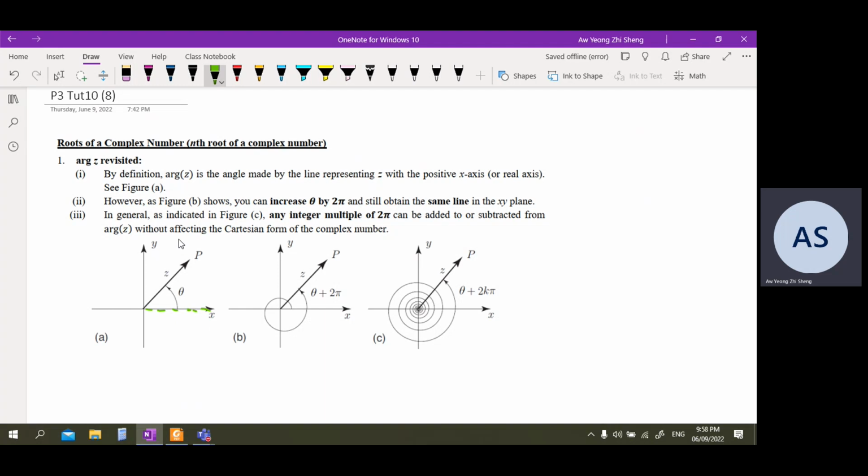In this diagram, we are illustrating z to be a number whose point representation is in the first quadrant. We call the point representation point P in figure 8.